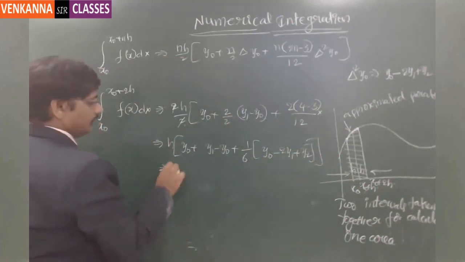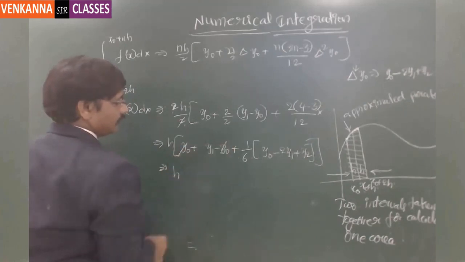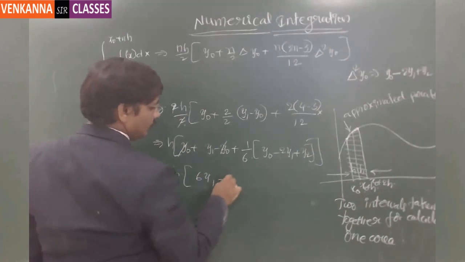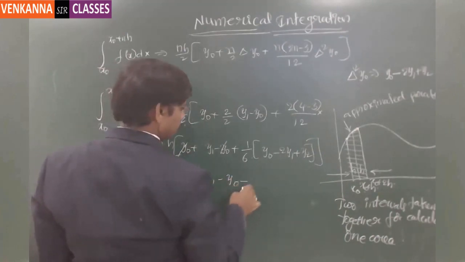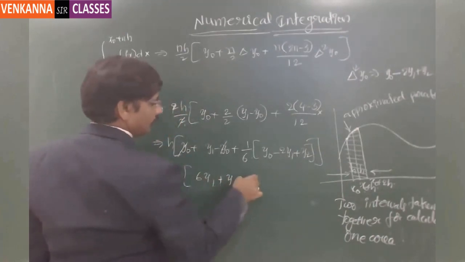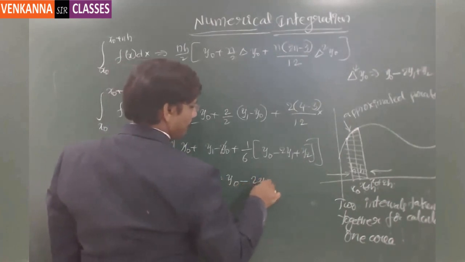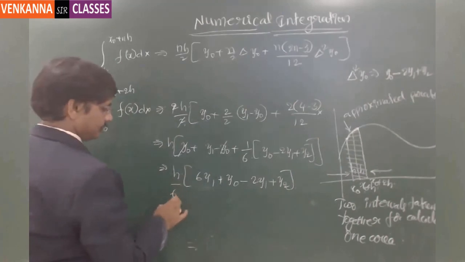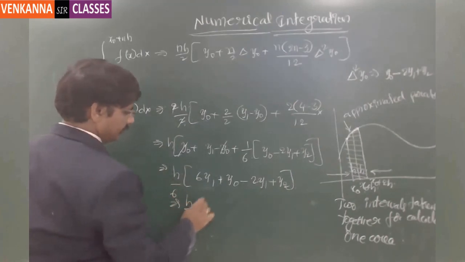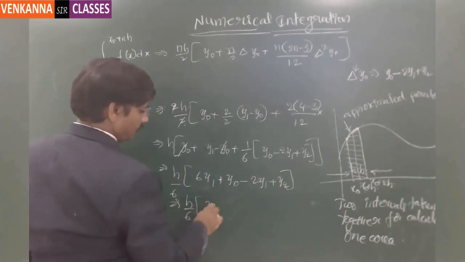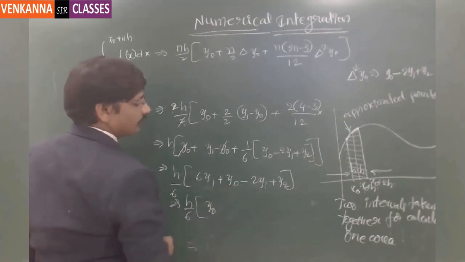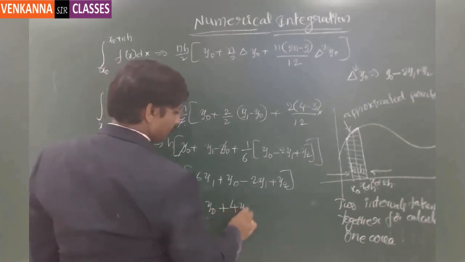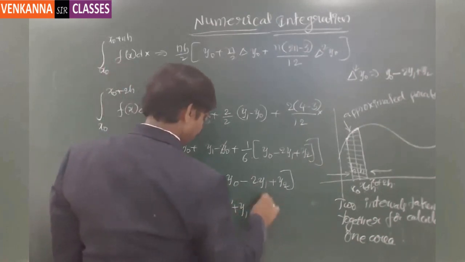So this is h times, the y naught will cancel out, and then 6y1 minus y naught minus, this is plus y naught minus 2y1 plus y2, whole divided by 6. So this is h by 6 times, so this is y naught, 6y1 minus 2y1, this is 4 times y1 plus y2.